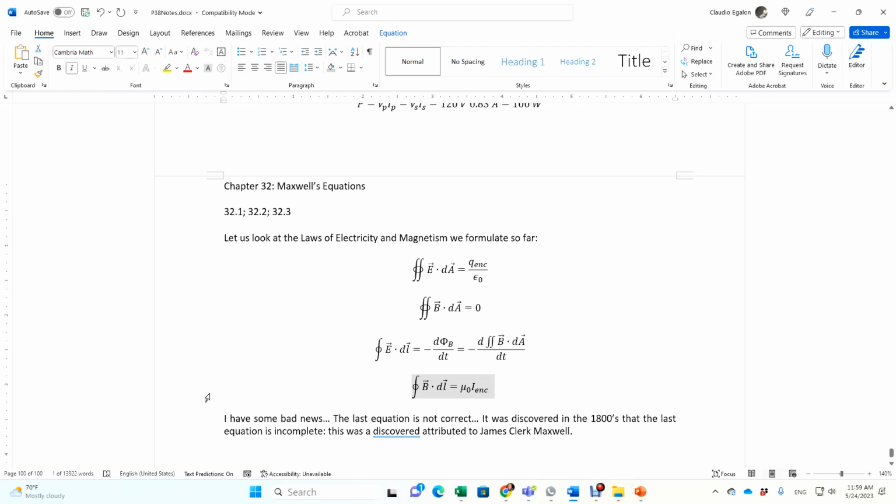Think about that. If we take this equation exactly at a loop in between the plates of a capacitor, we wouldn't find any current whatsoever flowing from one plate of the capacitor to another one.